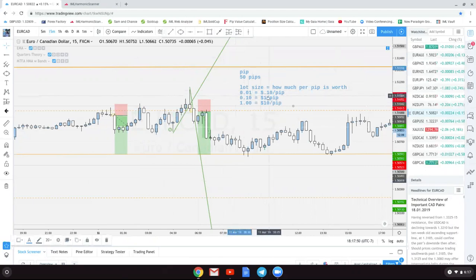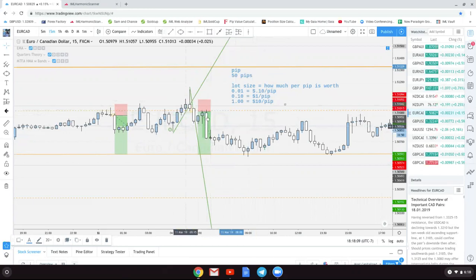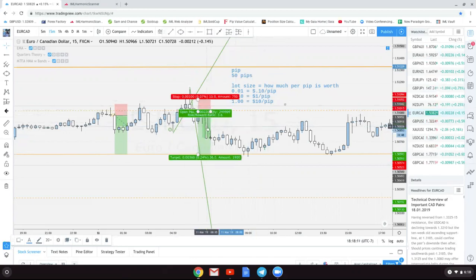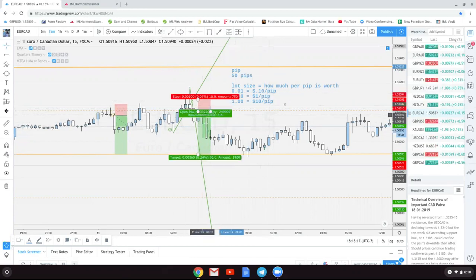0.01 lot is 10 cents per pip. 0.10 lot is $1 per pip, and if this is called standard, it's $10 per pip. So this is where Forex gets crazily exciting, because the same move over here, 30 pips, is the same way someone can make, what is this, $3 from this trade.